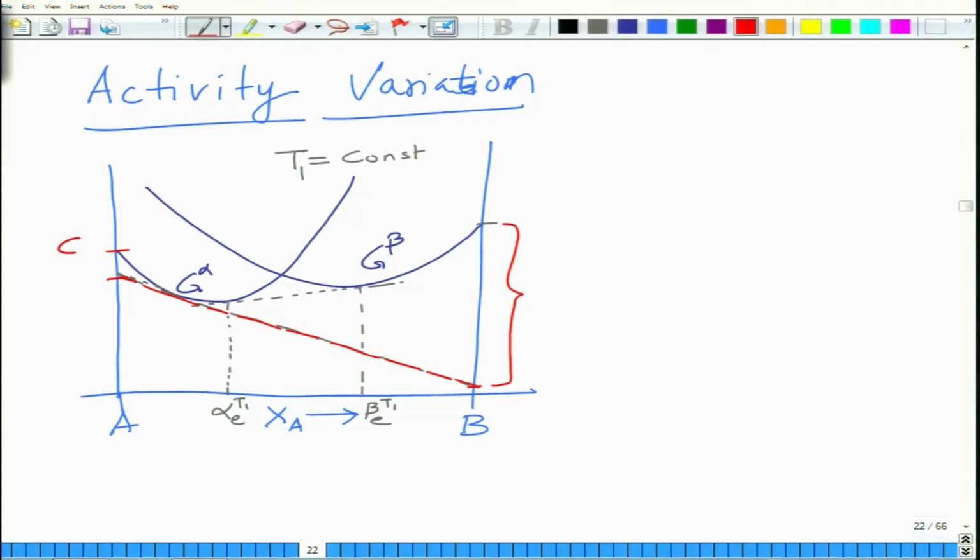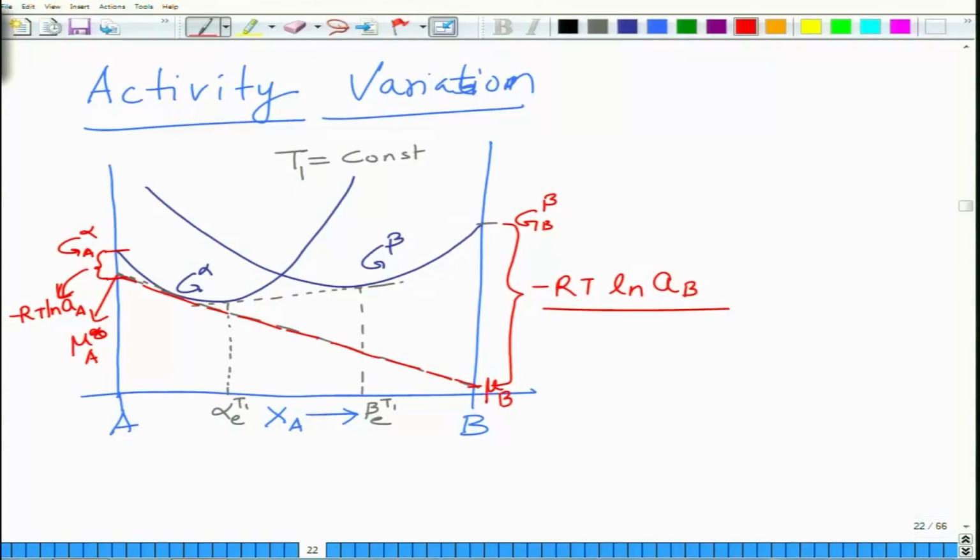This is G A alpha, this is G B beta, this is mu A and this is mu B. The difference between these is minus RT ln A A, and the difference between these is minus RT ln A B. So this is what is the activity.